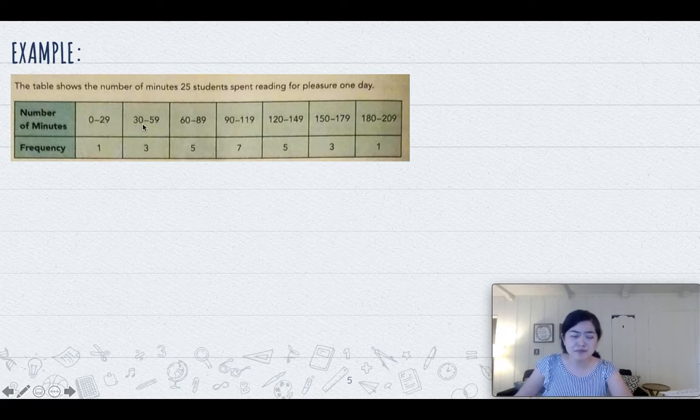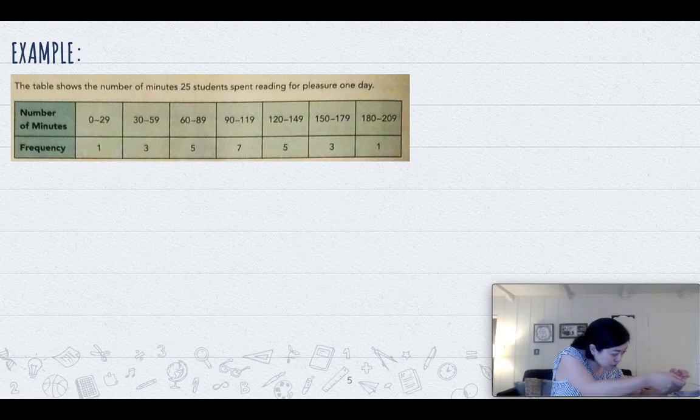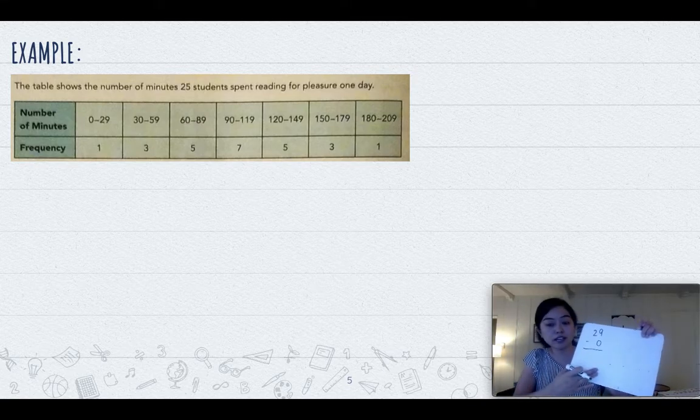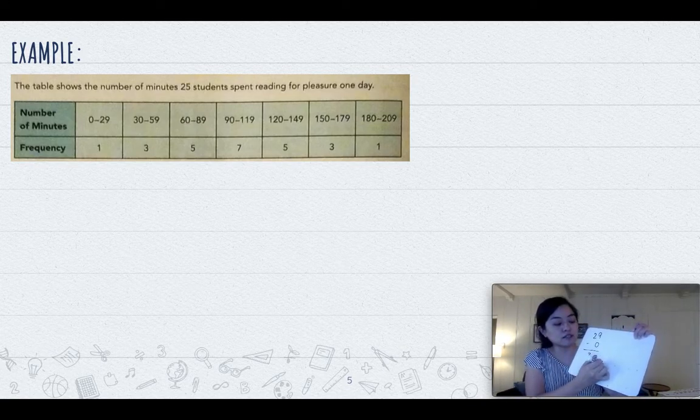And what's the value of the interval here? 0 to 29. You might think it's 29, right? Because I'm guessing you're doing 29 minus 0, to find the interval. It's 29 minus 0, which is 29 minutes.